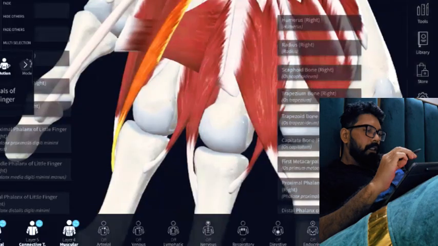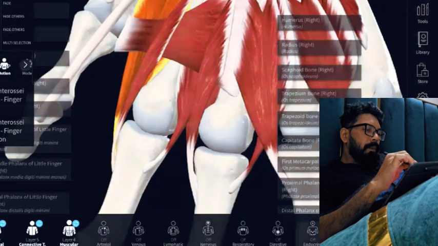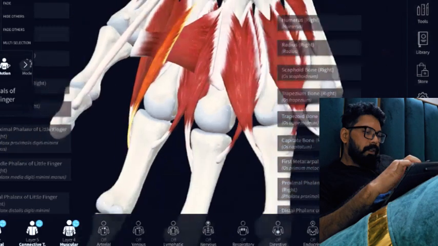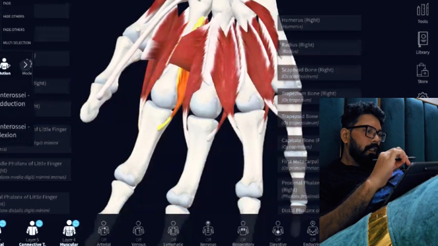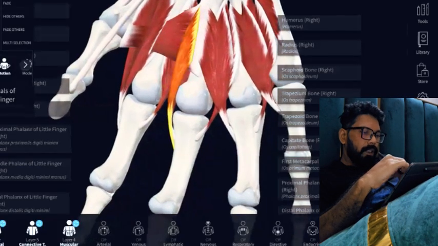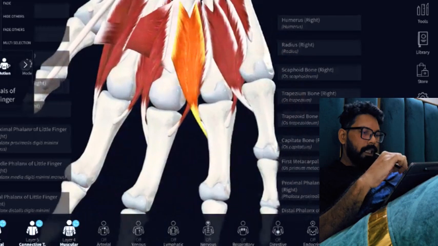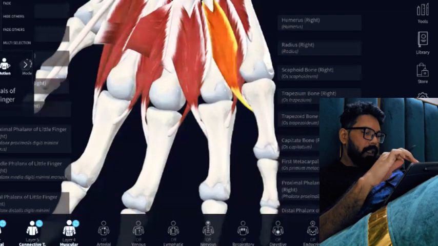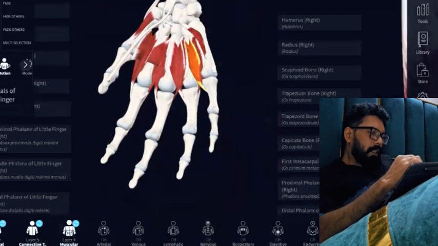So this is our first lumbrical. This is our second lumbrical. This is our third lumbrical, and we have the fourth lumbrical. All we need is their motion.